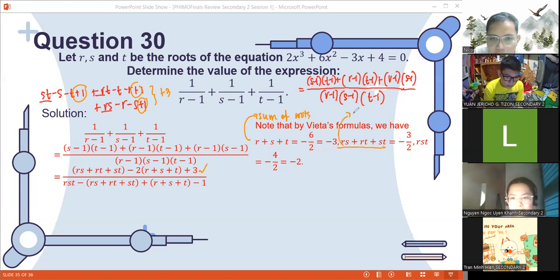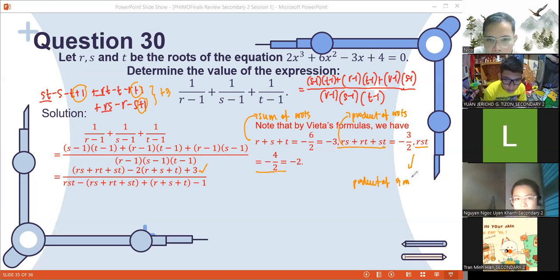This part here is the product of roots taken two at a time, and this one is the product of the three roots. Since we have that, you can already simplify it.